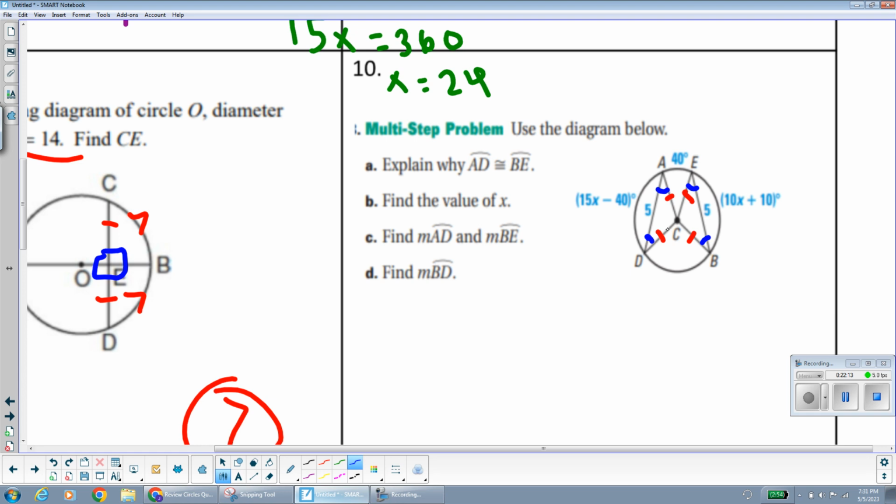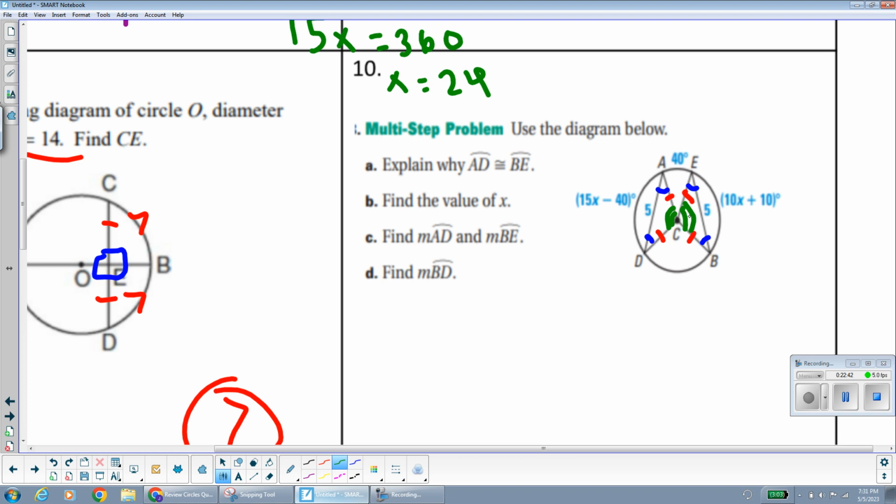This angle and this angle are central angles. If these two angles are congruent in both of the triangles, so let's say these are, for example, 50, 50 and 50 make 100. These angles would have no choice but to be 80 degrees. So since all the other angles in the triangles are the same, these central angles have to be the same as well.